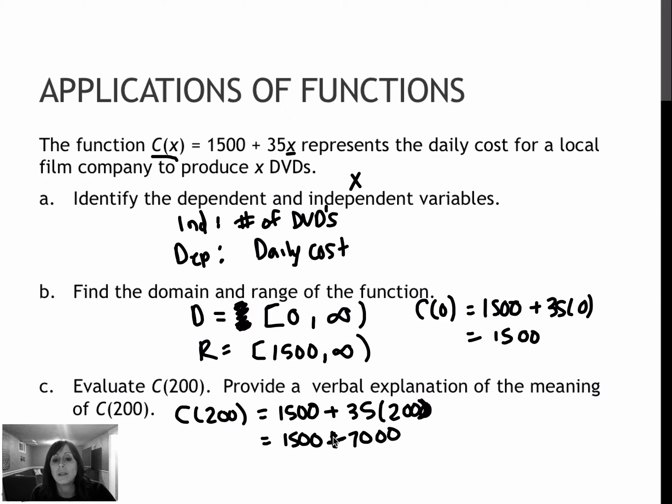So I've got 1,500 plus 7,000, which gives me 8,500. Provide a verbal explanation of the meaning. That means the cost of 200 DVDs, or the production cost of 200 DVDs, is $8,500.